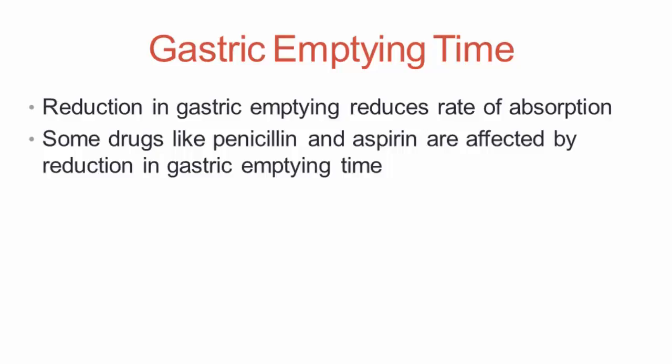And penicillin is not stable in stomach acid, so it may get degraded. In that way, the drug cannot be as effective, and it cannot be absorbed into the systemic circulation before it reaches the duodenum. So in that way, gastric emptying affects drug absorption.